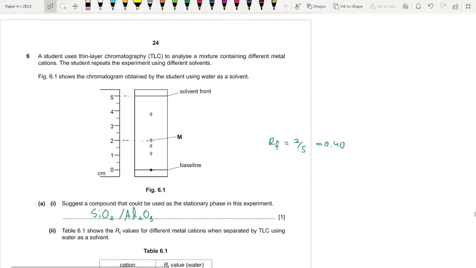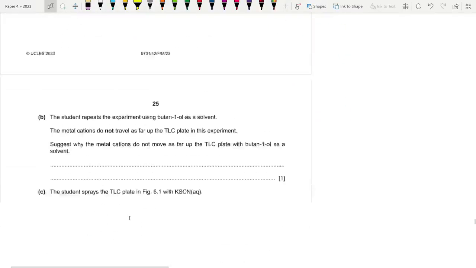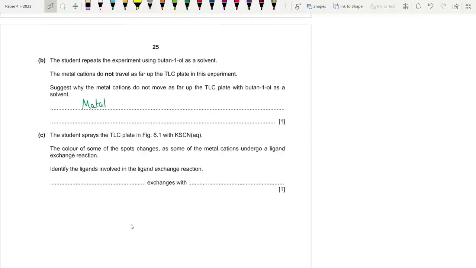The more soluble you are in the mobile solvent, the further you will move. If you're less soluble, you'll move less far. So the metal cations are less soluble in butan-1-ol than in water.